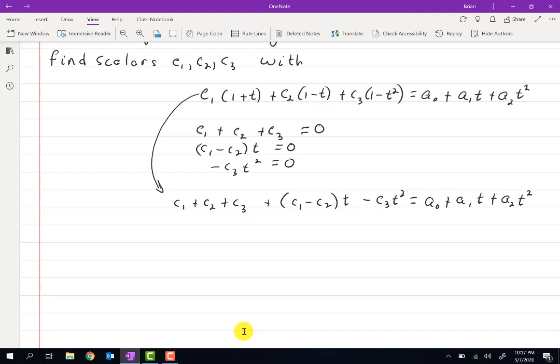Now what you can do, I see I made a mistake up here. The constant stuff is supposed to equal a0. The stuff that is in front of t is supposed to equal a1 t. And the third one should be a2 t squared.